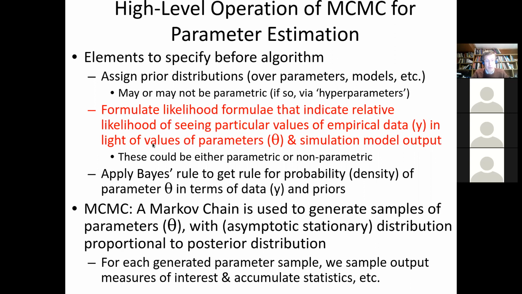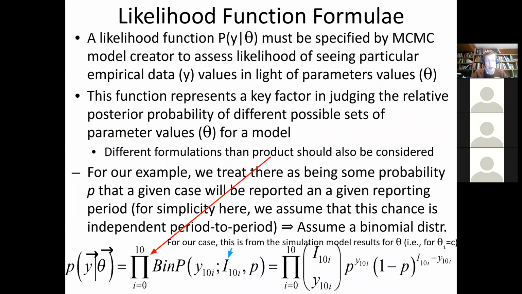Now, remember, the likelihood functions say, what's the likelihood of observing given empirical data in light of parameters? So if the parameters were a certain value, theta, what's the likelihood we would observe a given observation vector? This is going to be very important.